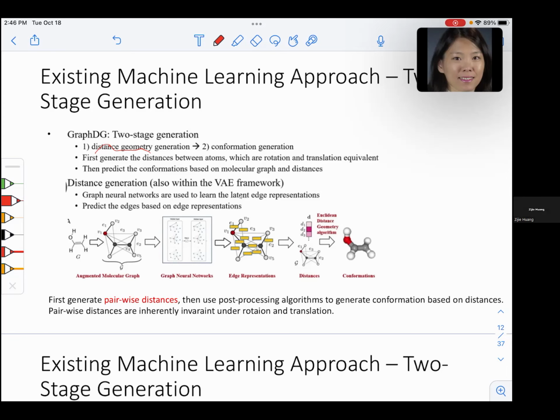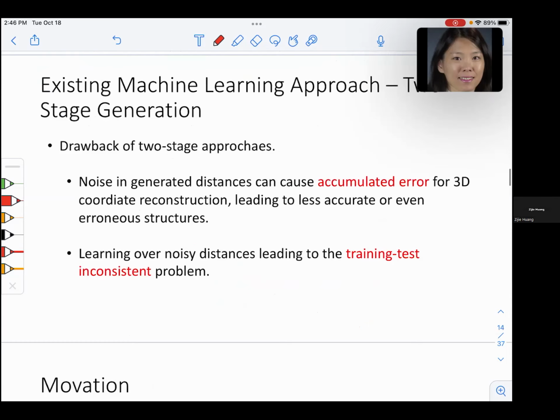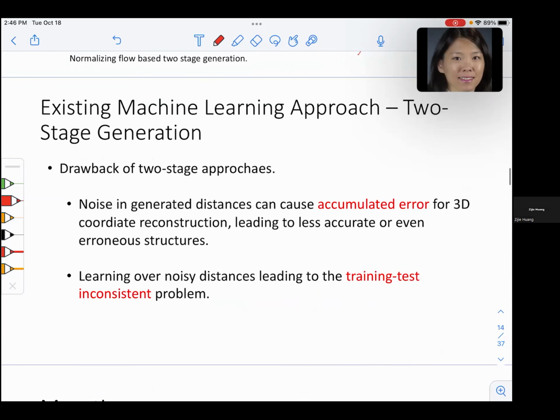Okay, yeah, thanks for the clarification here. So that's basically the summary for these two branches of work. Either directly generate the 3D coordinates separate from such equivariance problem, or we adopt those two-stage approaches.